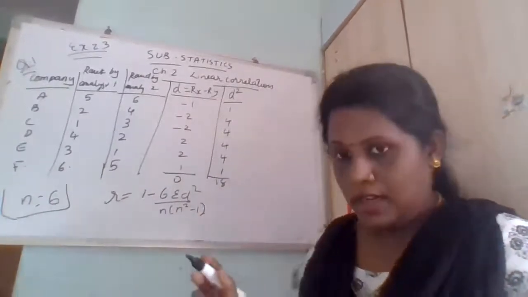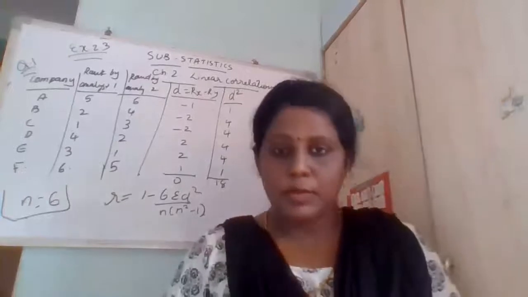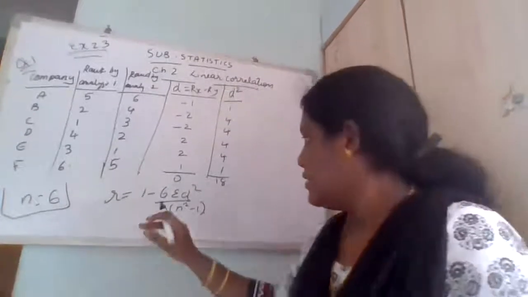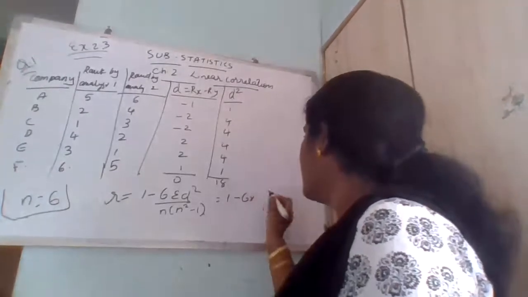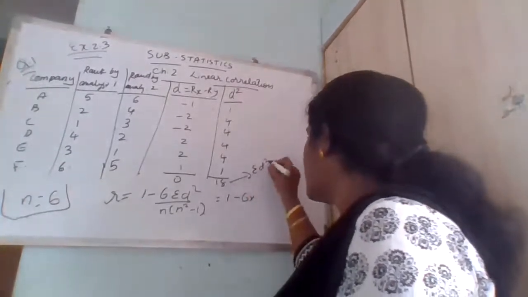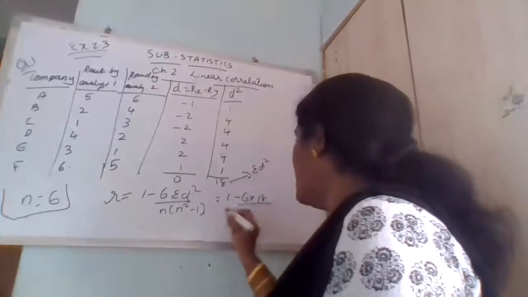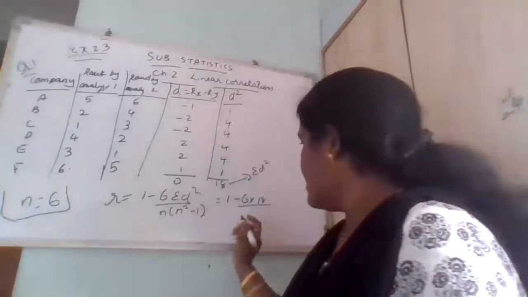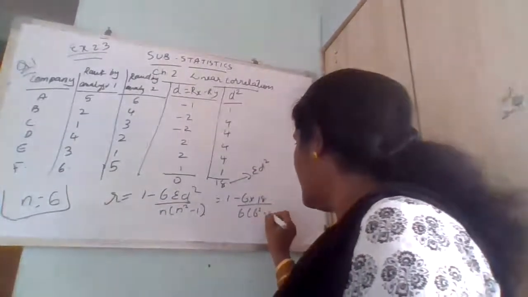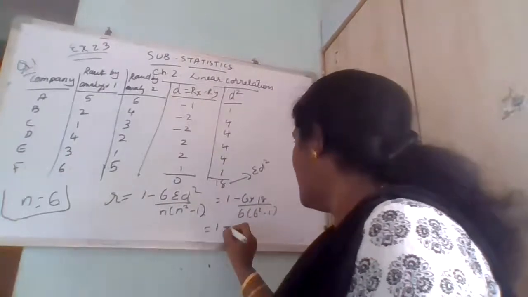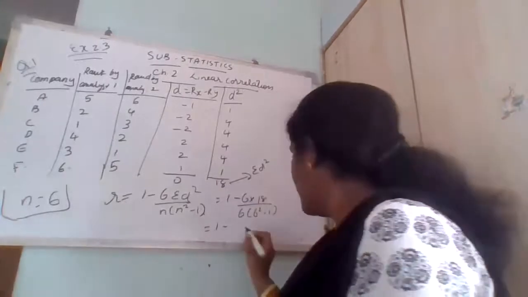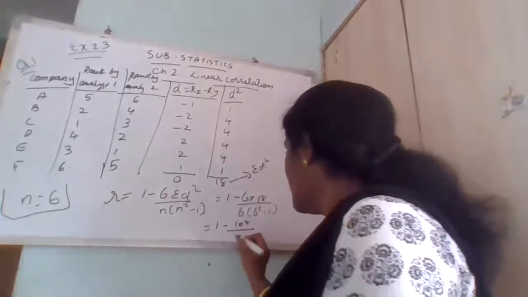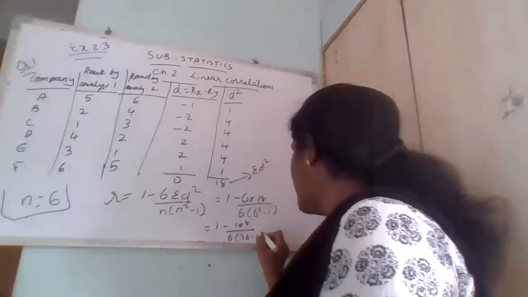Now we will put the values in our formula. So 1 minus 6 into sigma d square, this sigma d square is 18, upon what is n? N is 6, 6 into 6 square minus 1. That will be 1 minus 6 into 18, which is 108, upon 6 into 36 minus 1.